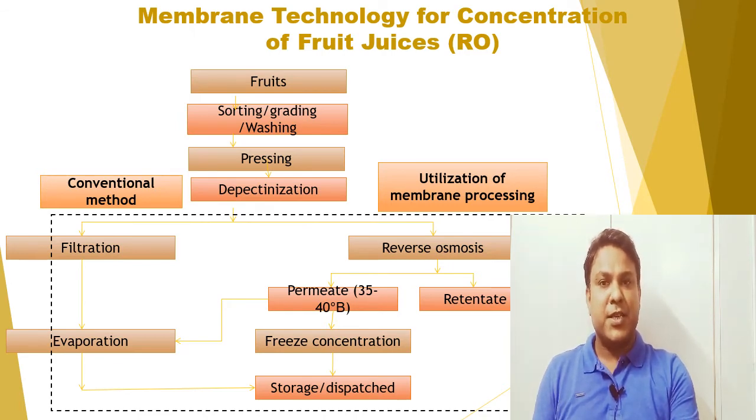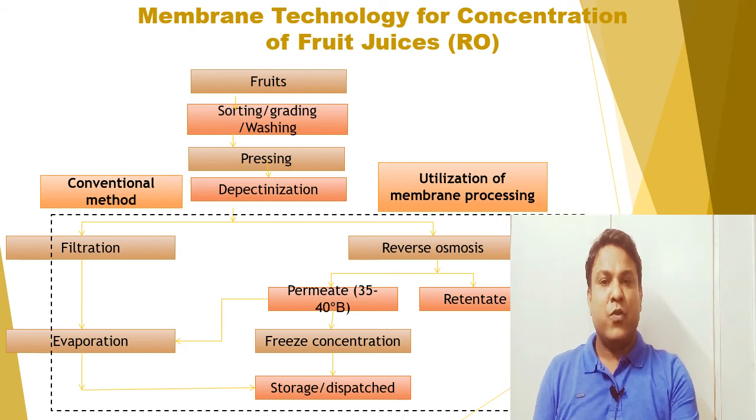After depectination, when it is utilized in membrane processing, it goes to reverse osmosis, sometimes ultrafiltration, based on the pore size or selection of the membrane, but basically it goes to reverse osmosis, where it is fractionated into two streams, one is permeate and one is retentate. Generally the permeate is passed to 35 to 40 brix.